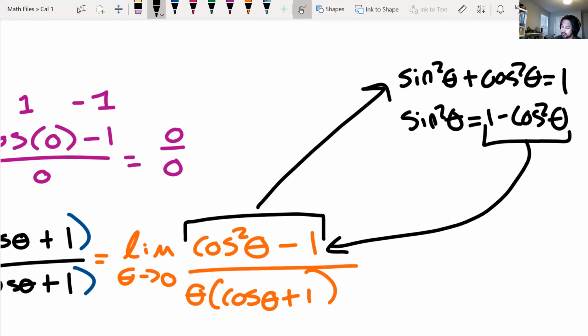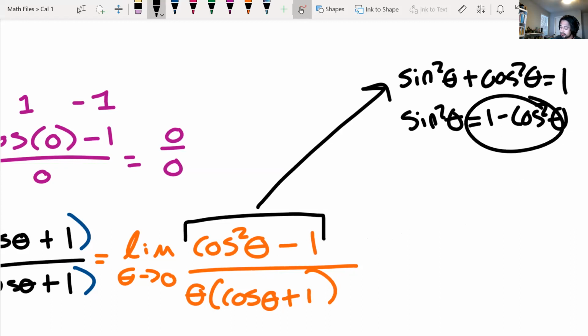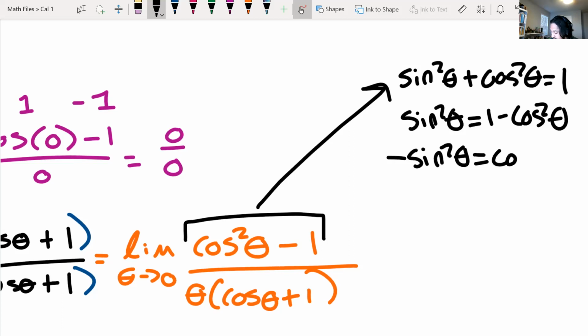So how could we rewrite this to look exactly like that? What could you factor out? Multiply, divide by? Good. Divide by negative 1 or multiply by negative 1, doesn't matter. You'd get negative sine squared theta equal to cosine squared theta minus 1. Now, do we have an identity going for us?